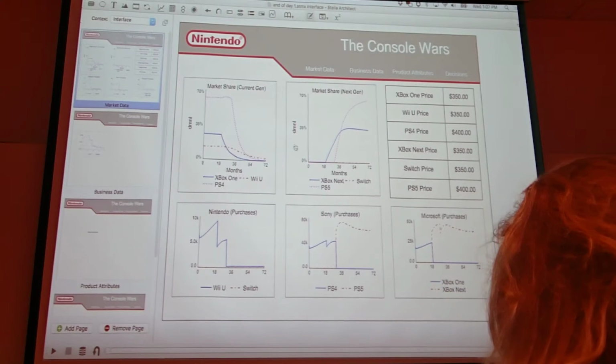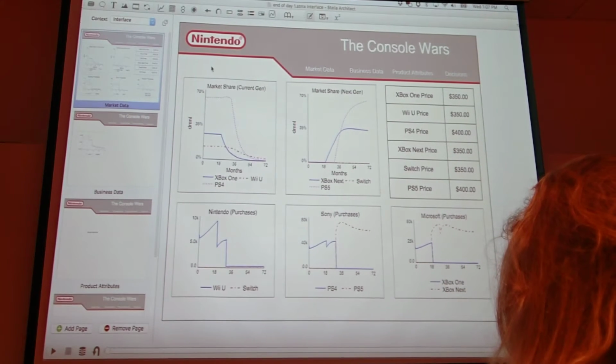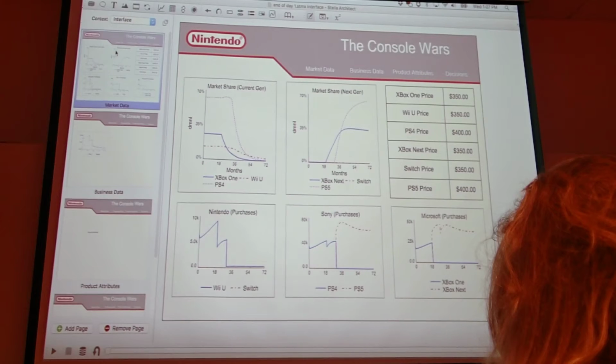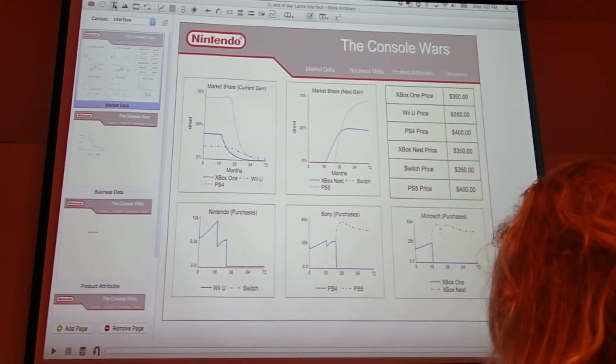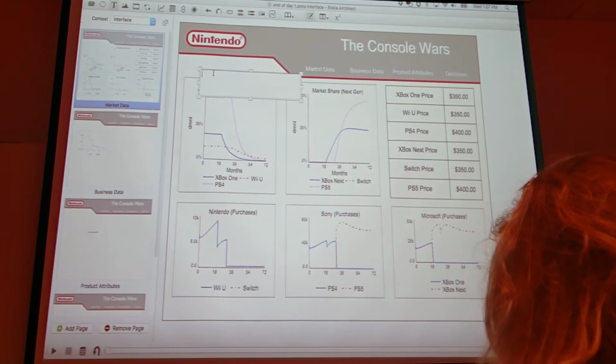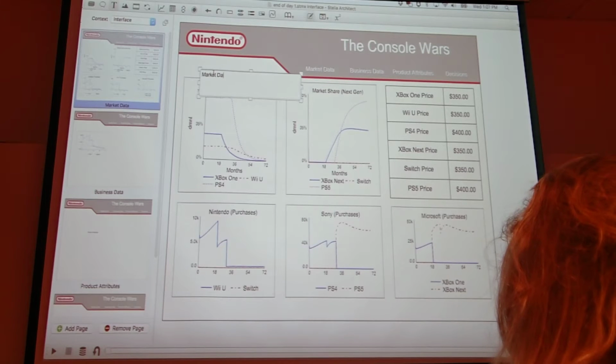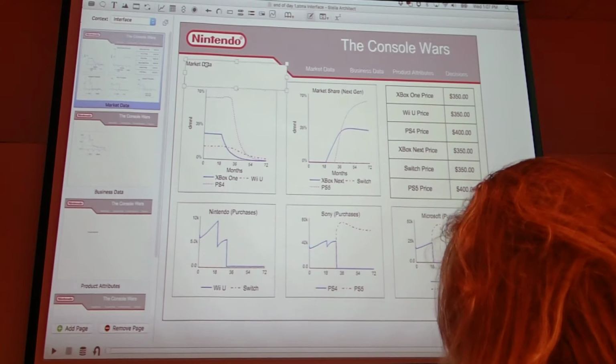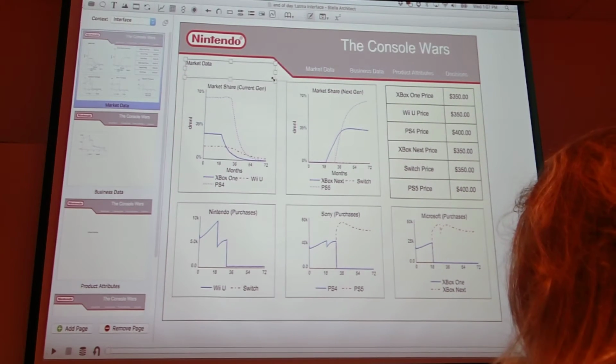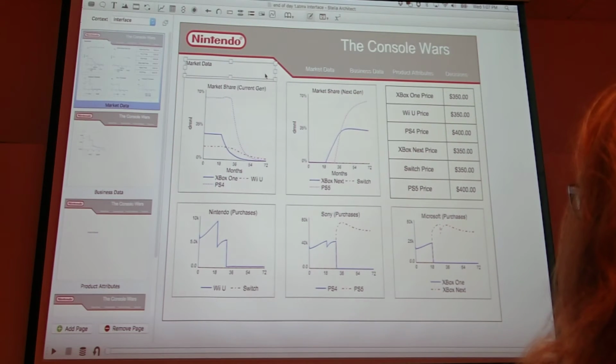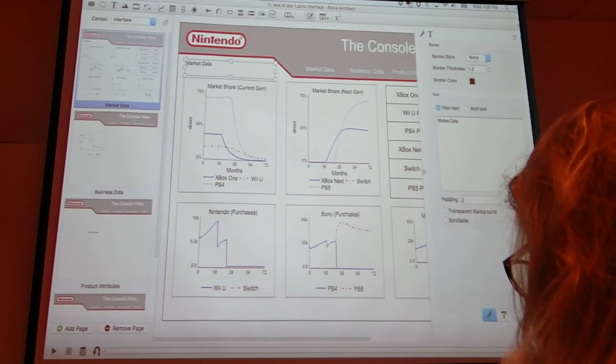Alrighty. So let's put a title up here so that people know exactly what they're looking at. So this is the market data. And let's get the box to fit in the space. We'll open up the panel here.